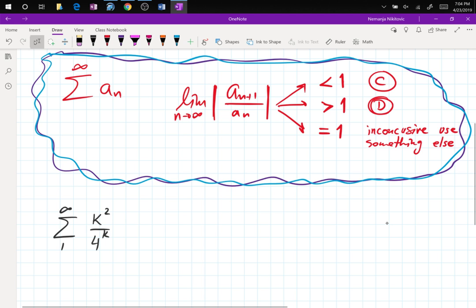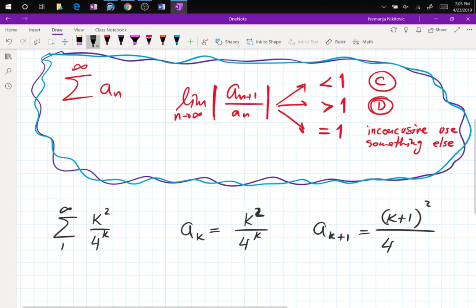Now this is, again, my experience, because I've been doing this for over 15 years now. So I look at this and I know. I am expecting convergence, which means that when I do my ratio test, the limit should be less than 1. So let's take a look at that. I am going to extract a_k, which is a_n, and that's k squared over 4 to the k. Then I am going to create a_(k+1), which is (k+1) squared divided by 4 to the k+1.